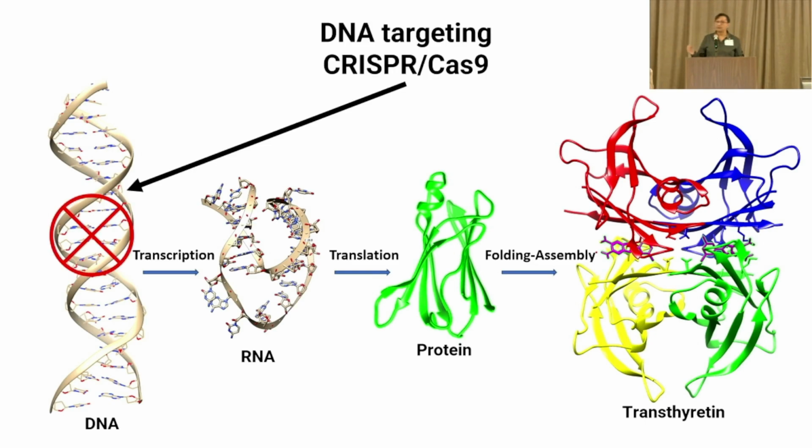The first treatment, CRISPR-Cas9, targets the first molecule of this long pathway, which is the DNA molecule. CRISPR-Cas9 knocks out genes. So the idea is if you knock out the gene for transthyretin, then you won't make any messenger RNA for transthyretin, which can't be translated to protein, and you won't have any TTR to form amyloid.